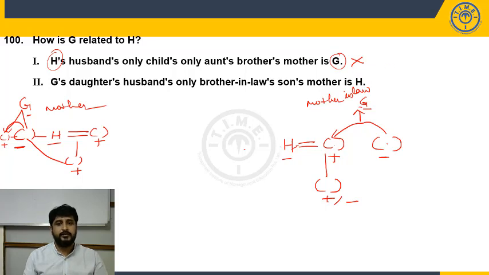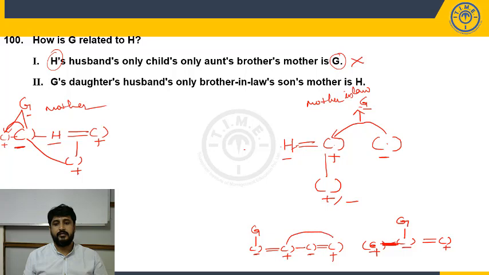Now let's combine the 1 and 2. Let's check the 2. G's daughter's husband's only brother-in-law. Only brother-in-law can be this person's brother, or G's daughter's husband's only brother-in-law, maybe siblings' husband.